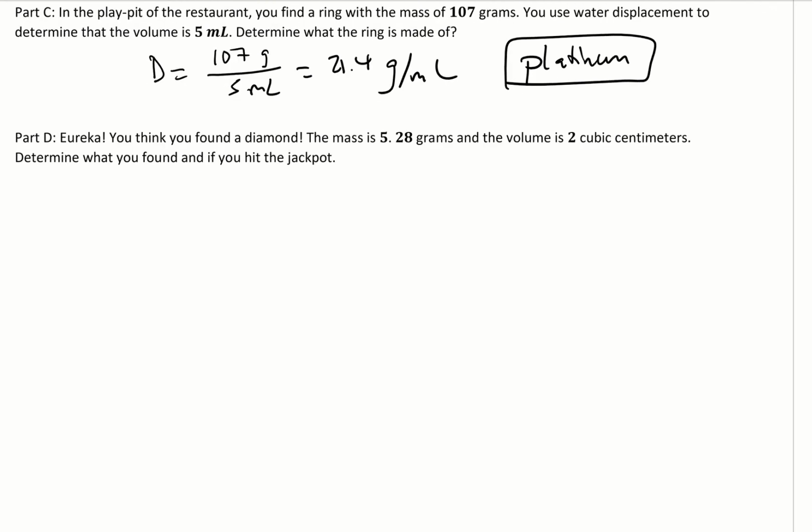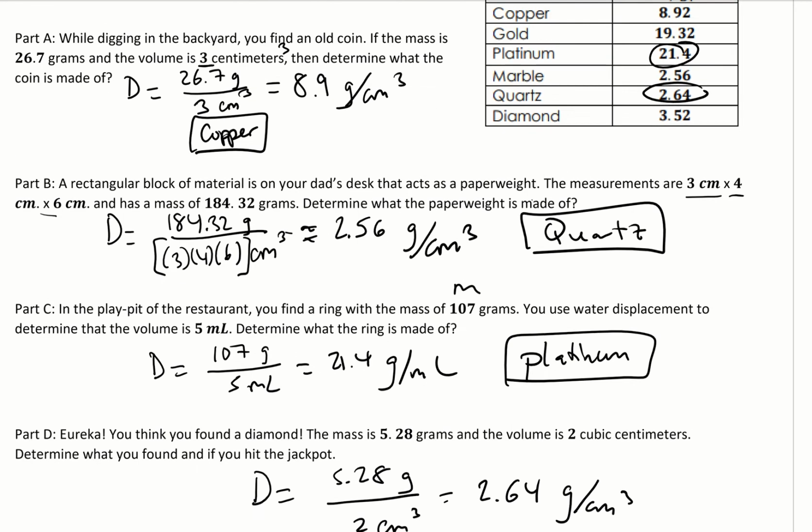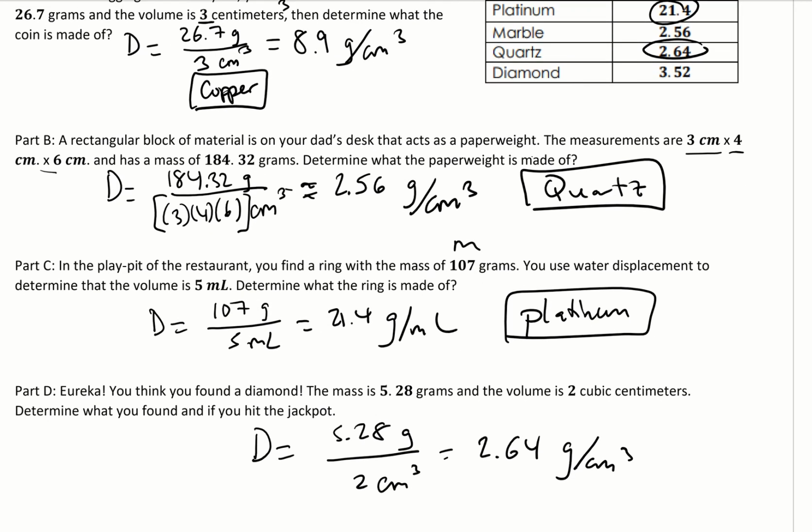All right, and then Eureka, you think you found a diamond. The mass is 5.28 grams. The volume is 2 cubic centimeters. Determine what you found. So the density is 5.28 grams divided by 2 cubic centimeters. And you get 2.64 grams per centimeter cubed, which unfortunately is not a diamond. The diamond is 3.52.